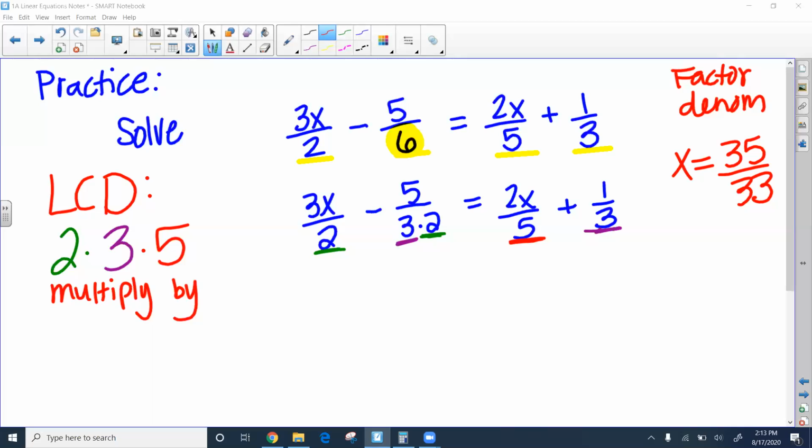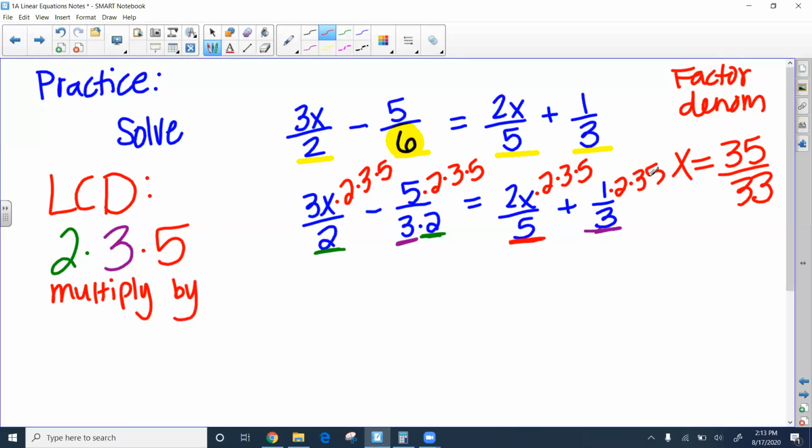So let's go ahead and go through this. We already found the LCD, and it seemed like once we knew the LCD, a lot of you were able to solve the problem. So now I need to multiply everything by the LCD. So I'm multiplying this fraction by 2 times 3 times 5, this fraction by 2 times 3 times 5, this one by 2 times 3 times 5, and this one by 2 times 3 times 5.